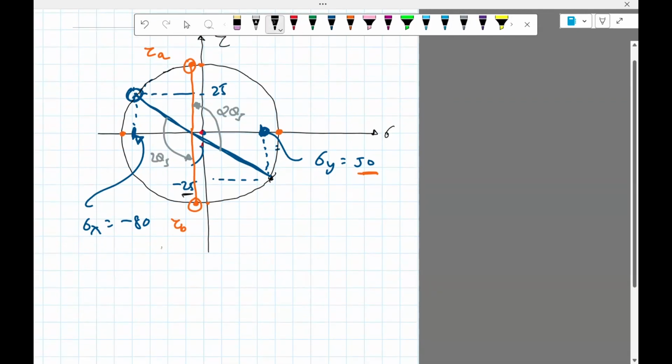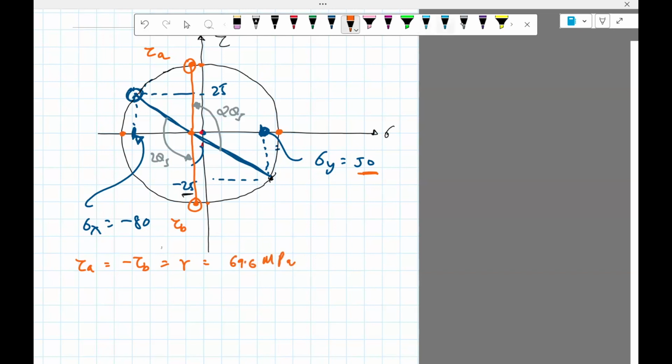Okay, so let's get tau A first. Tau A is always minus tau B. It's always on the other side. We just have to find the magnitude. The magnitude is simply the radius, from the center, so the radius is 69.6, I think. That's 69.6 MPa. That was easy.